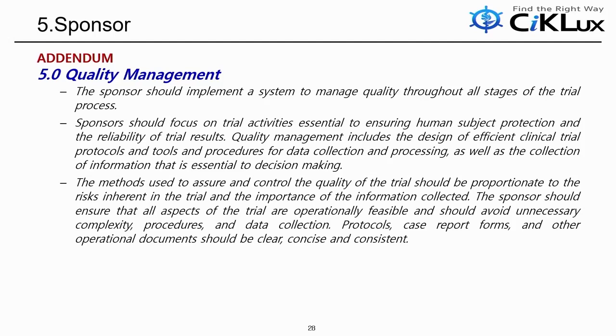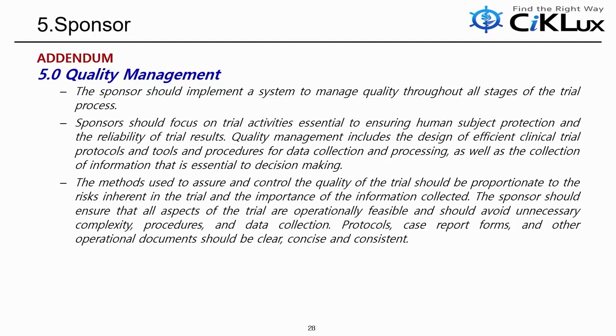So when it comes to quality assurance, it is about assuring good quality. But even before that, we need to control and manage quality. So 5.0, the quality management, is the start of chapter 5 on sponsor. By utilizing a quality management system, the quality needs to be managed over the whole life cycle.